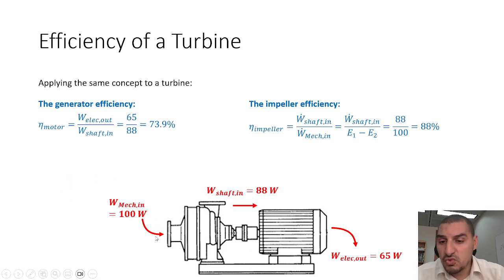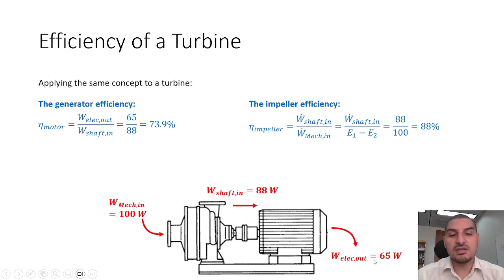So we know how to measure the mechanical work. We can measure the energy in and energy out of the fluid. We can measure the pressure, the flow rate, the velocity, and the height. So we can tell the value of the difference between the energies of the two fluid streams in and out of the pump or the turbine. So this is a measurable term.